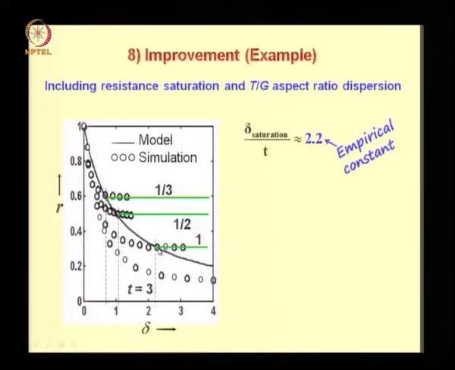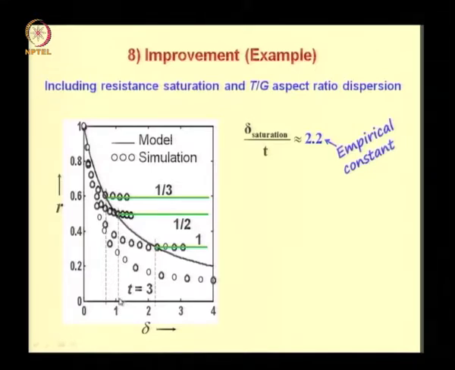So we take the saturation point as the point of intersection of the model with the simulation. When you take T equal to half, this is the point of intersection of the model with the simulation, and you find the value here. Then you take the ratio of this value to half and you once again find it is close to 2.2.